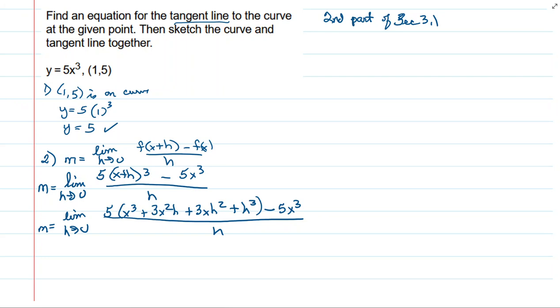Okay, so it's going to be x cubed plus 3x squared h, because descending order on the variable, increasing order on the h, and then it's going to be 3x h squared and plus h cubed. Okay, so now we're going to do a little distributive property.